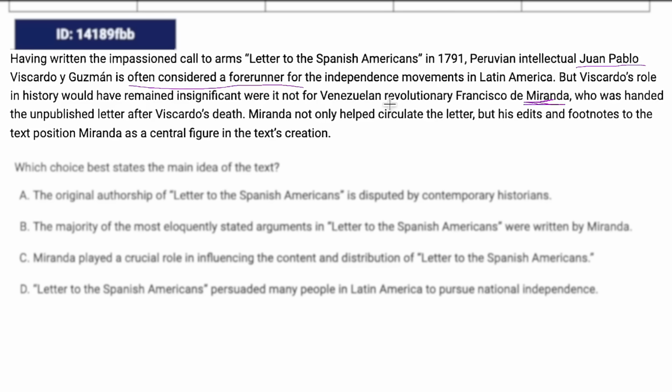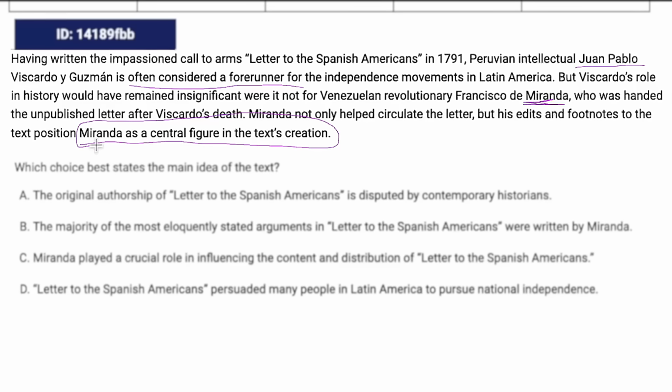And then the last sentence basically says he not only helped circulate the letter, but edited it and added footnotes. And finally, we get that it positions Miranda as a central figure in the text's creation. So I think just from browsing and then seeing that last sentence, Miranda as a central figure in the text's creation, we can steal that as our main idea.